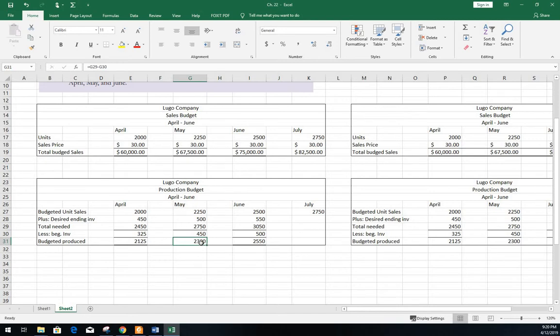So I know that 2300 is correct. So I've done the May calculation correct, but it doesn't give us an April value. So I don't know if it should have been 325 or 400. So you might want to double check that, but it gave us this value, so it should be 21.25. So anyway, I hope this helps you guys on the test, and good luck.